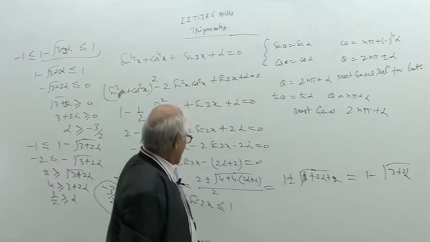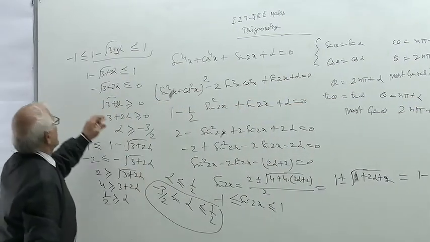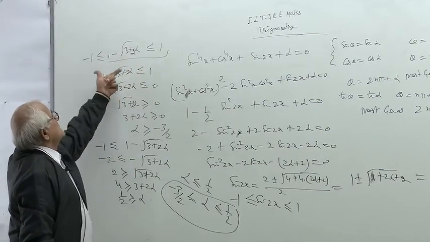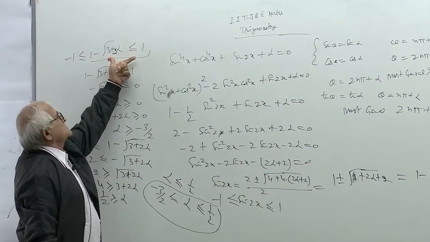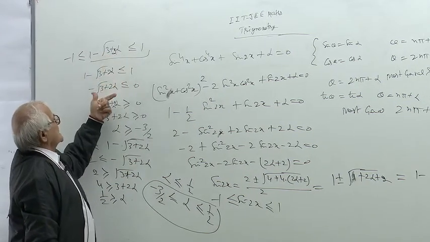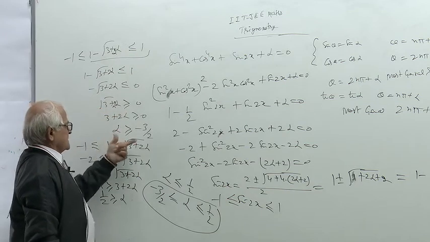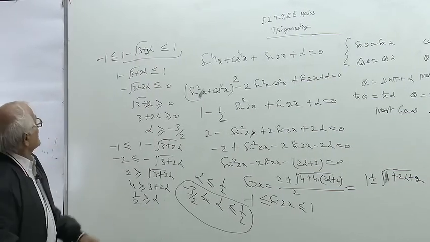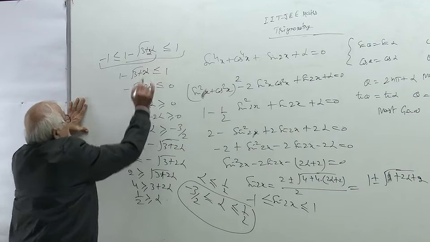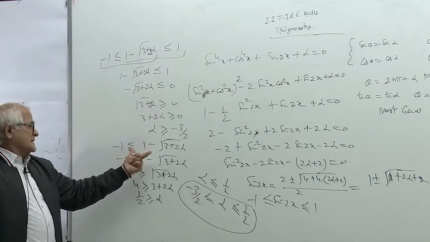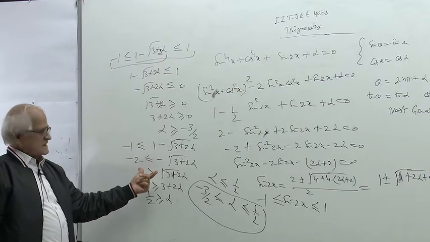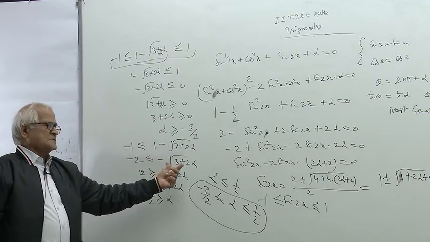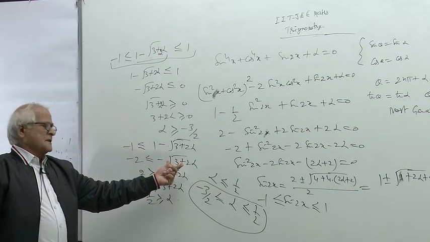Now this value we know lies between minus 1 and 1. Then you take the first relation from the right. We see here alpha is greater than or equal to minus 3/2. Now if we take the left hand side value, take this minus to the left hand side, we get minus 2 less than or equal to minus root of 3 plus 2 alpha.